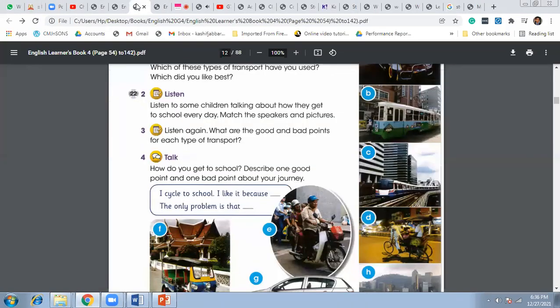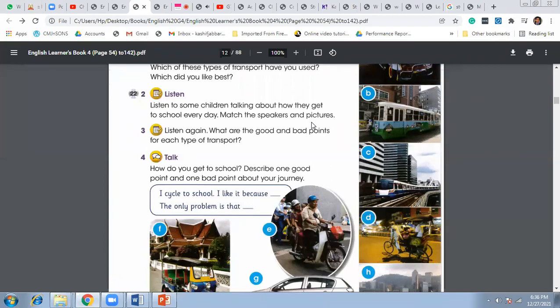Track 22. 1. I live in Bangkok, in Thailand. There are a lot of cars in my city and the roads are very busy. That's why I go to school by tuk-tuk.